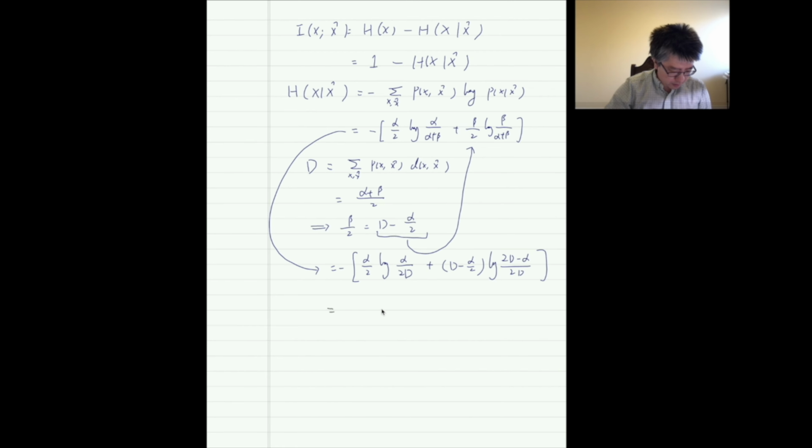We can write it a little bit nicer, with log of 1 minus alpha over 2D. So the next question is to maximize this over alpha.